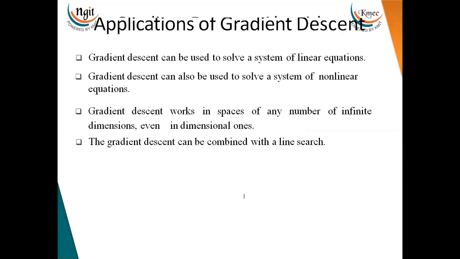So what are the applications of this gradient descent algorithm? It is used to solve linear equations, and it is even capable of solving non-linear equations also. It is capable of running in infinite dimensions, and it can be combined with the line search algorithm.